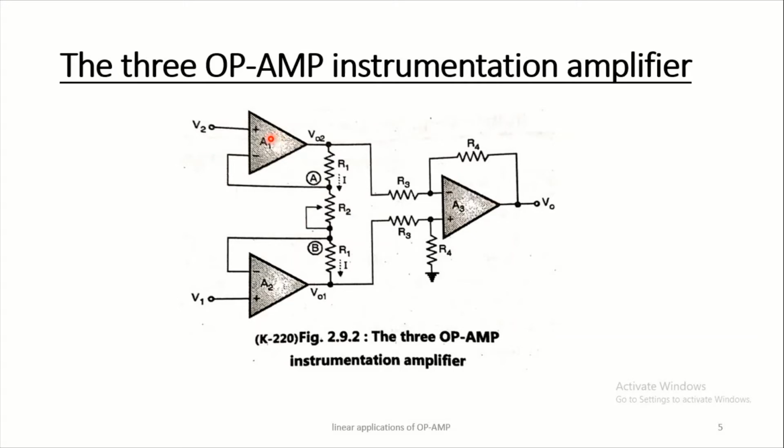Therefore, the current flowing through the resistances R1, R2 and R1 is the same, and the value is I. Same current flows through all these resistances. Now we have to derive the expression for the voltage gain.